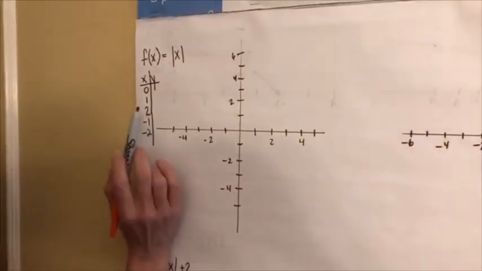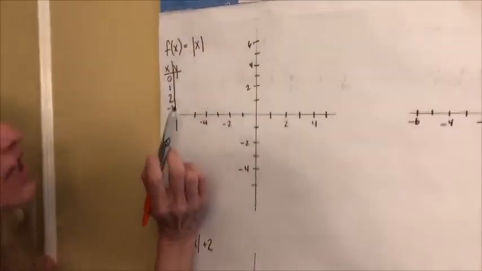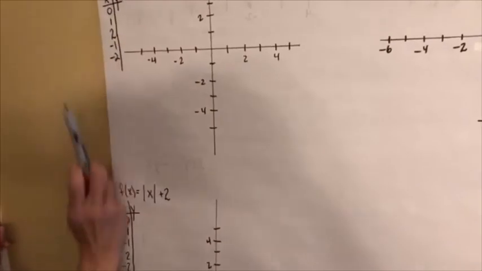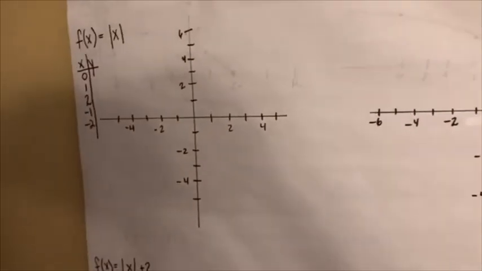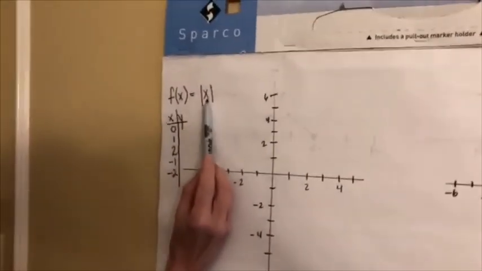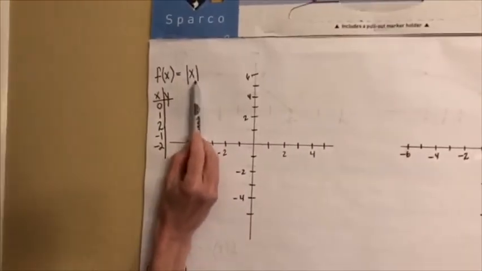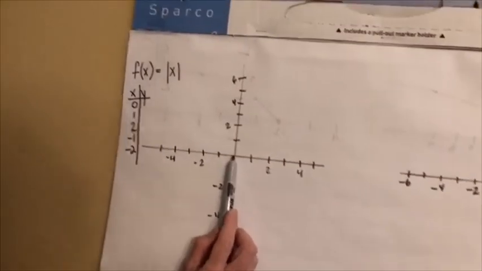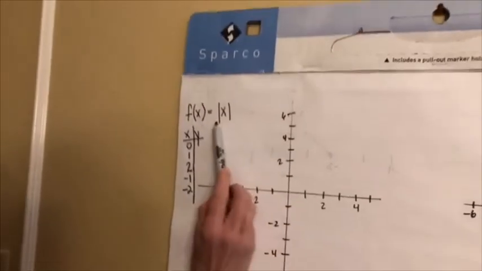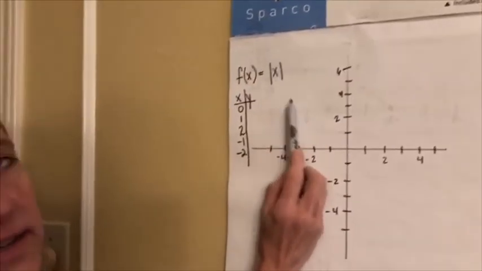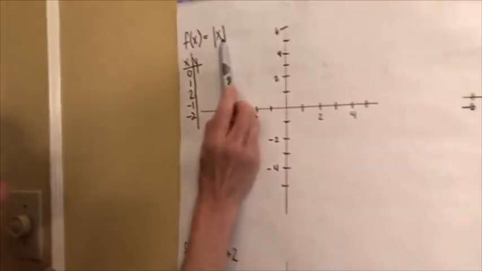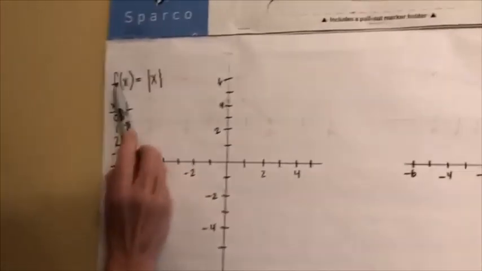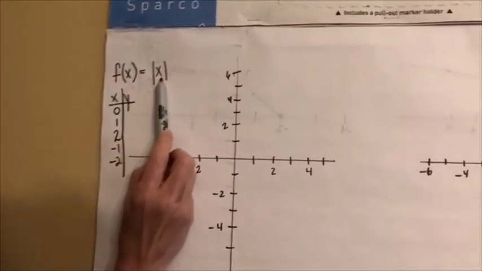Okay, this is the last type of nonlinear function we're going to look at, and it's an absolute value function. So when x is 0, okay, so we remember that absolute value refers to the distance from the origin to that number on the number line. So we always end up with a positive value once it comes out of the absolute value.